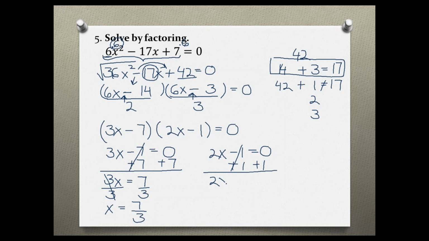We got 2x equals 1, and then dividing by 2 on both sides, we are left with x equals 1/2. So our two solutions to this equation are 1/2 and 7 over 3.